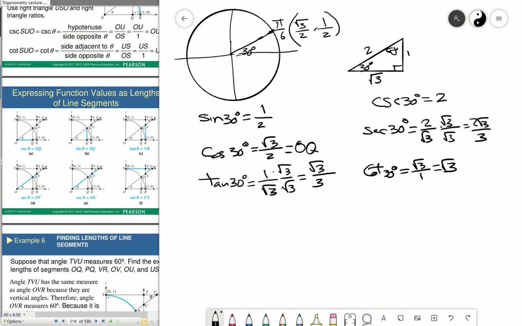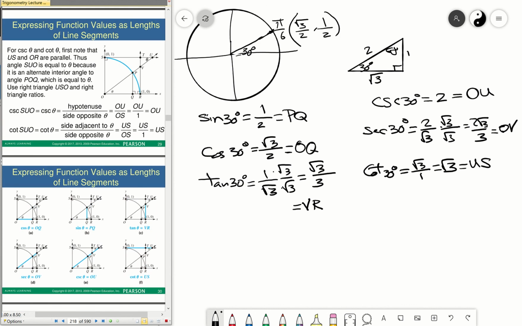Now, if we want the sine, that's going to be PQ. For the tangent, that's going to be VR. Secant is going to be OV. The cosecant is going to be OU. And the cotangent is going to be US.